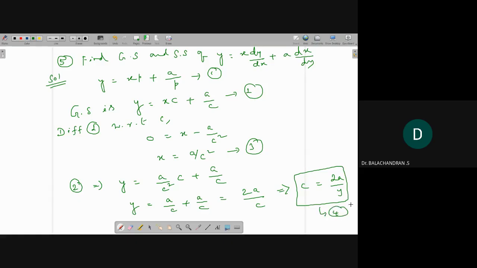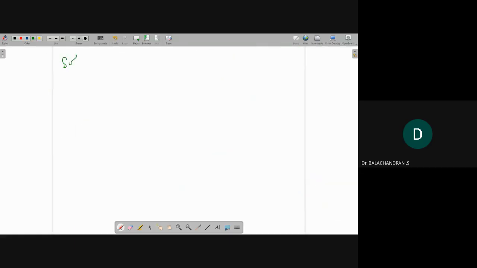Now substitute 4 in 3. I'll get the value of x. Substitute c equal to 2a by y in 3.